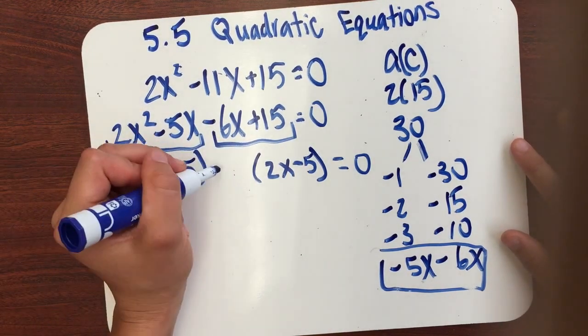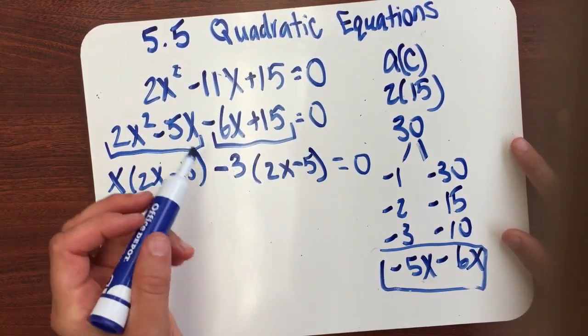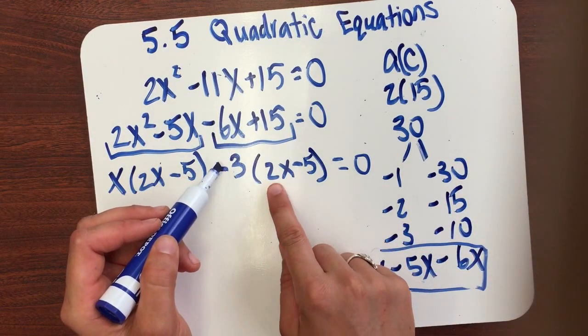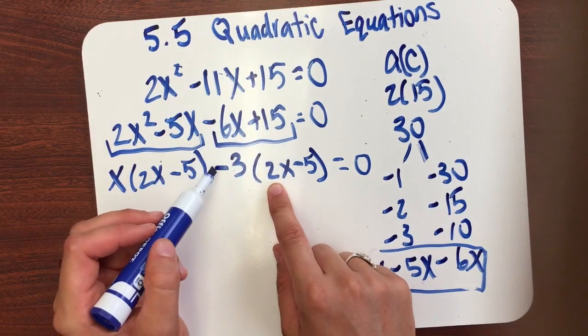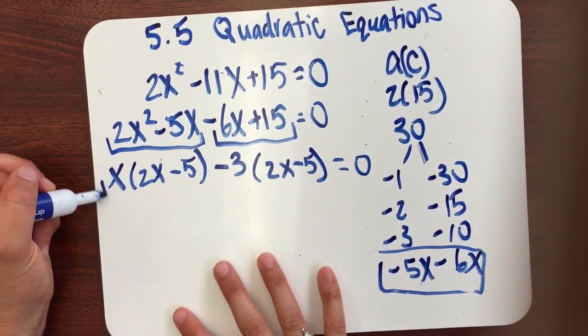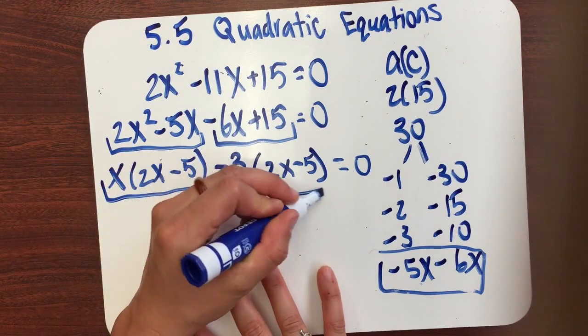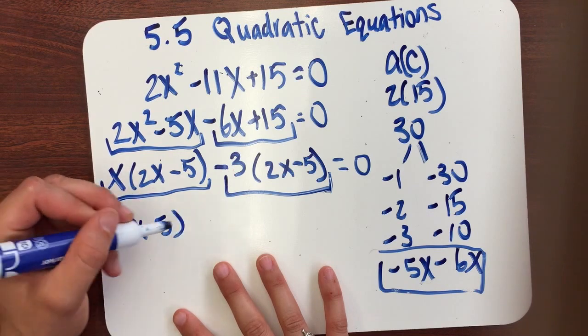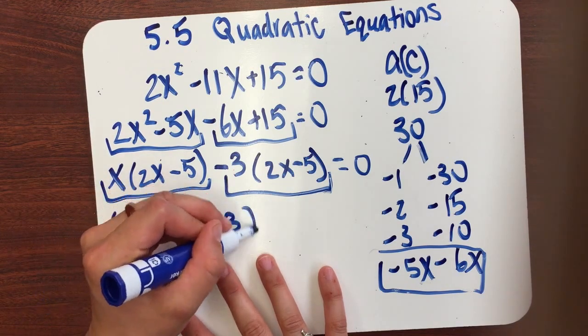So we can take out a negative 3 here and then check it. Negative 6x divided by negative 3 will give us a 2x. 15 divided by negative 3 will give us a negative 5. Then we'll say, what did we make both of these have in common? That's a 2x minus 5 and an x minus 3.